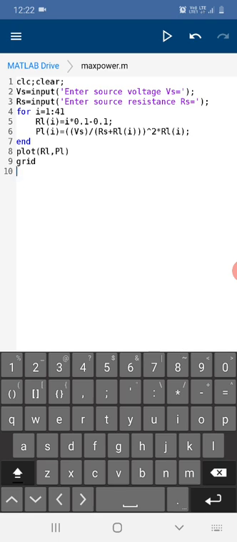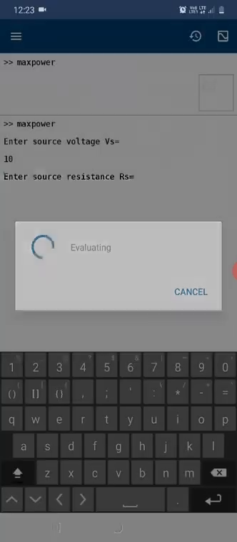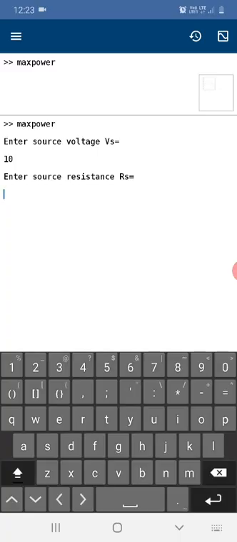Then we run it. Here it asks us what is the source voltage value. We use 10. And then what is the source resistance value?